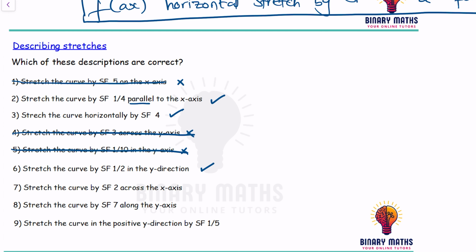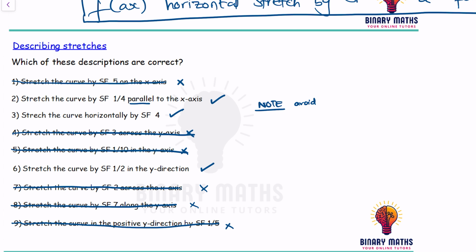Stretch the curve by scale factor 2 across the x-axis. Again, that sounds wrong because we're just talking about the x-axis. Stretch the curve by scale factor 7 along the y-axis. Does not make sense again. And stretch the curve in the positive y direction by scale factor 1 over 5. Because it's positive y direction, that does not make sense. Positive y direction is more used for translation. That's not correct.